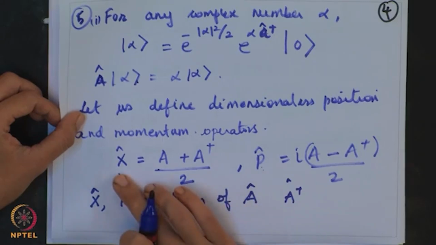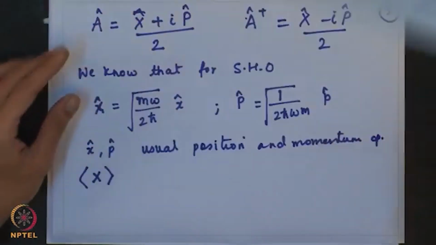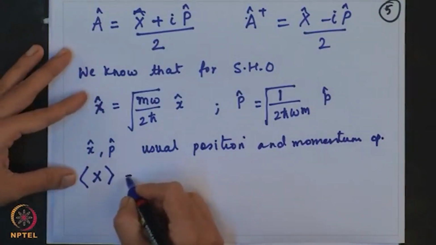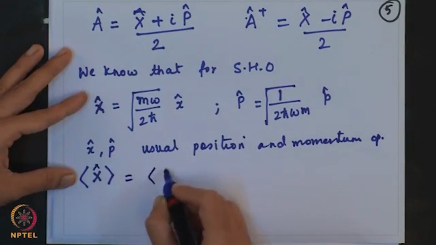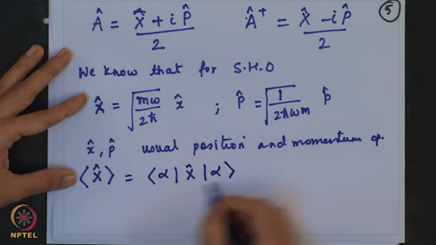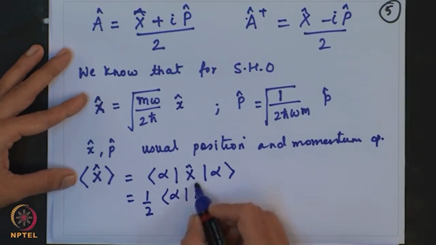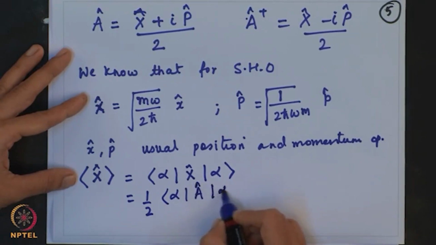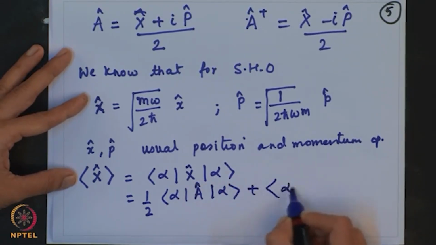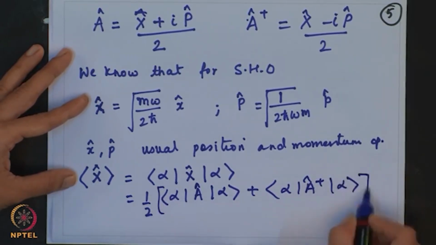So, first we will evaluate x, then we will evaluate x square, then p and then p square. So, expectation value of x on ket alpha will be 1 by 2. I have <alpha| A |alpha> plus <alpha| A dagger |alpha>, correct.